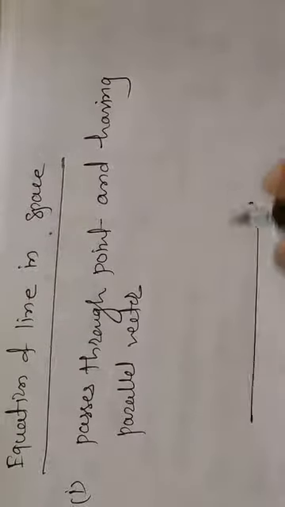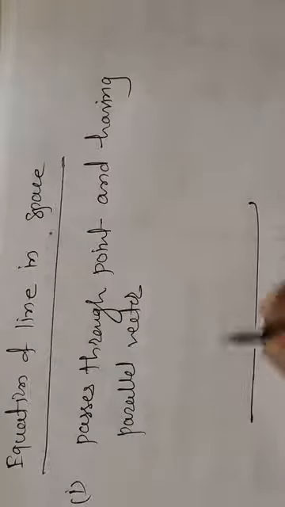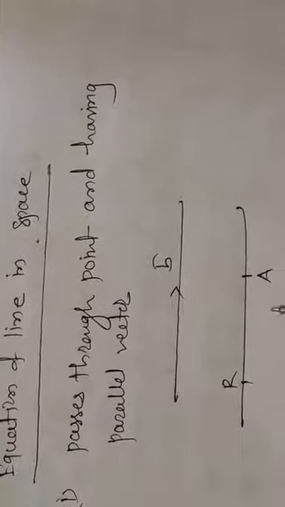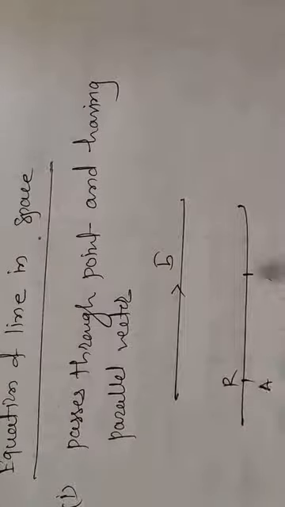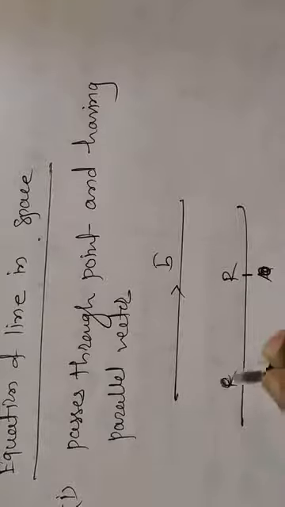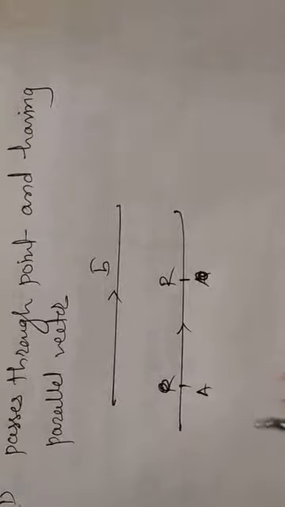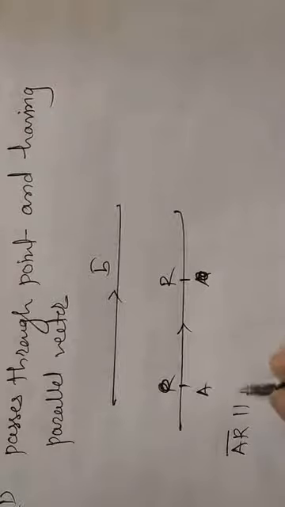Let this be our line. This is a parallel vector b bar. This is our fixed point, that is R, and this is A. Then AR is parallel to B. As we know, AR bar is parallel to B bar.